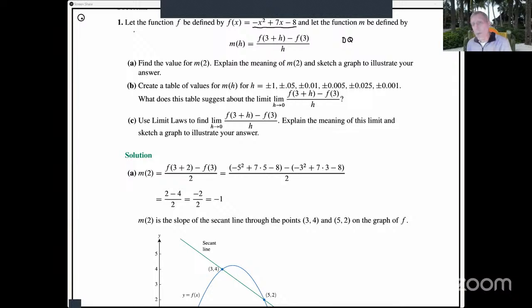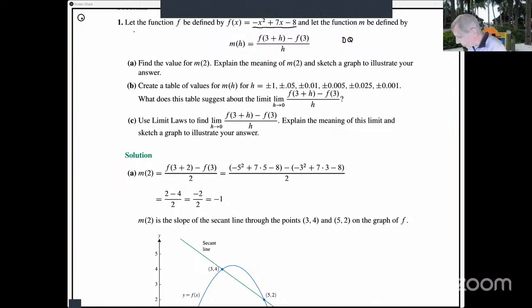We're going to see what that table of values suggests about that limit. And then finally, we'll do something analytically. We'll use the limit laws, try to recall some of those limit laws, to evaluate that limit analytically and explain the meaning of that value. What does that limit really mean?